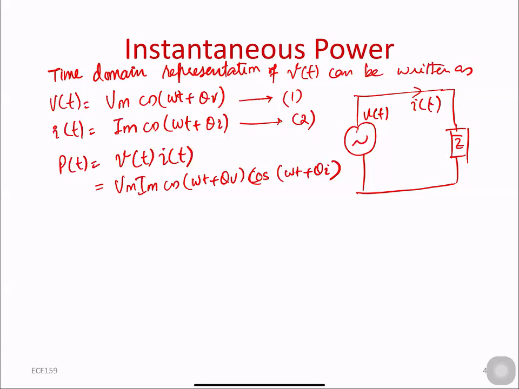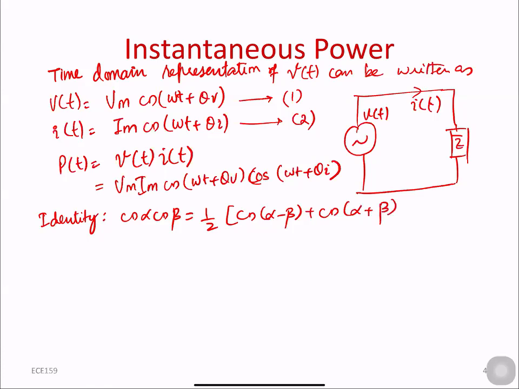So now here we will use the trigonometric identity for cos alpha cos beta, which is equal to half of cos of alpha minus beta plus cos of alpha plus beta.